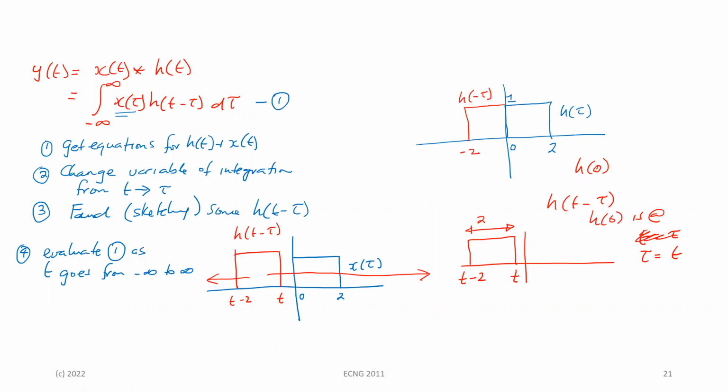So x(tau) remains fixed. As we evaluate this integral, equation 1, h(t minus tau) is going to be moving all the way across. And as you could see, what we have to do is find out where the product of the two of them is and evaluate the integral at that point in time. Okay? So graphically, this is what we're trying to evaluate.